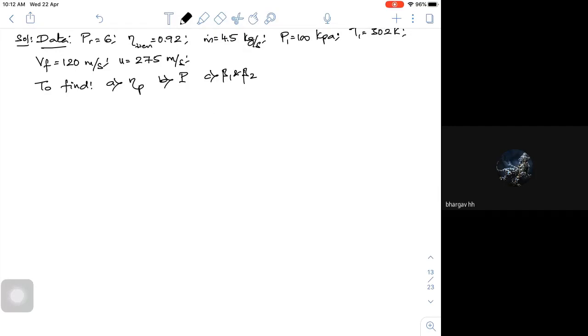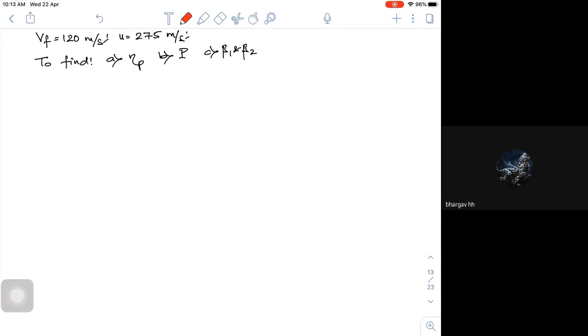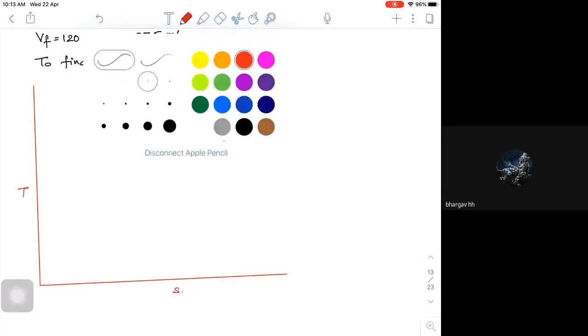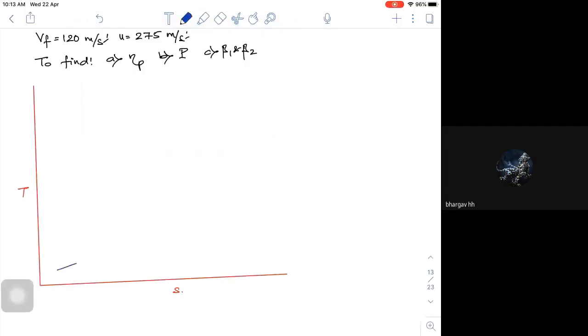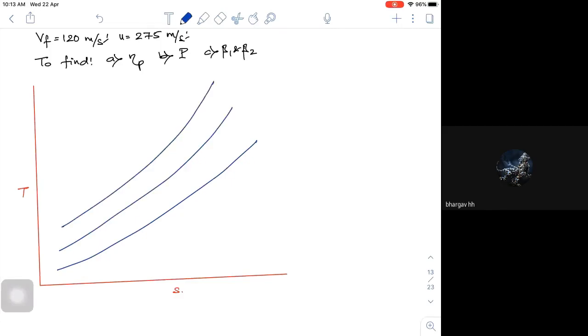So the first and foremost thing we try to do here is draw the corresponding TS diagram or HS diagram. As there are 6 stages, I'll have 7 pressures. So this is for P1, P2, P3, P4, P5, P6, P7.